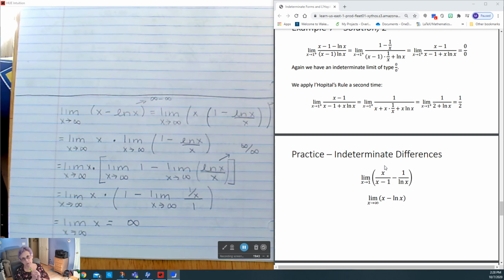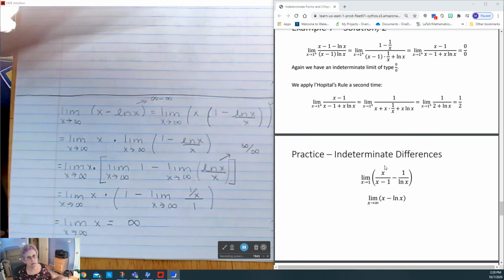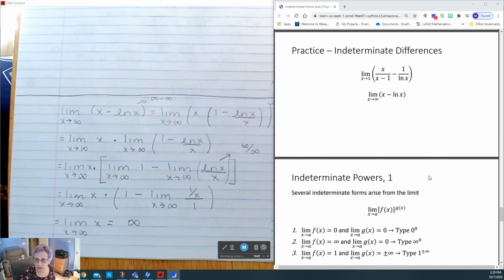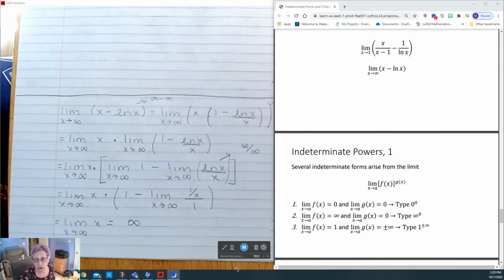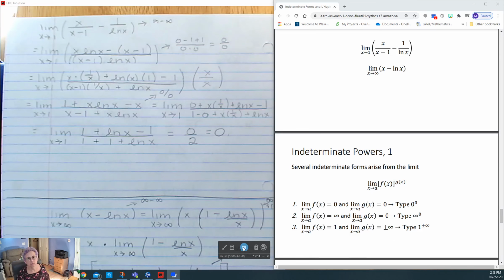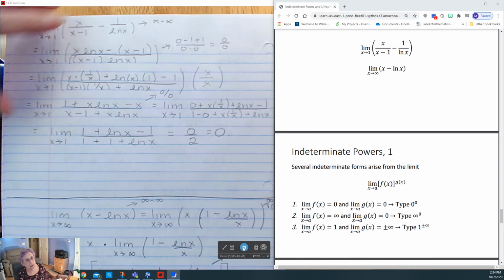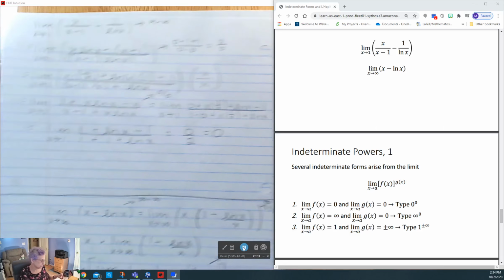This thing shoots off to infinity. I'll go back and do this one, and then we have one last thing to look at, which is indeterminate power. After a bunch of work, I ended up with 0. But that's okay. Sometimes 0 is the answer. Remember, 0 over 2 is not indeterminate. It's 0.